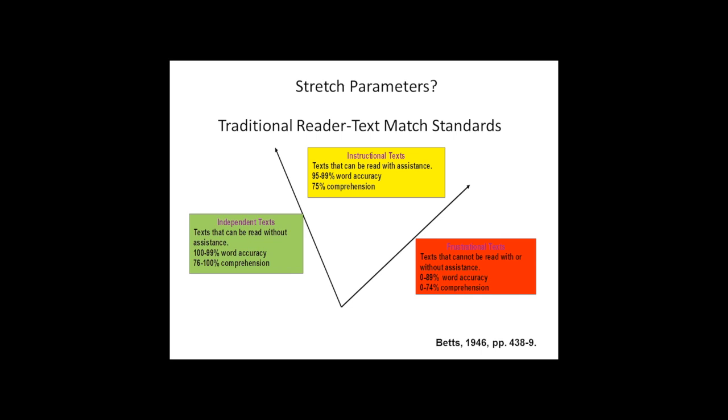I think what's really important about the traditional parameter is that that line between instructional text and frustrational text was not to be crossed. That was really a hard and fast line, kind of a brick wall, and kids under no circumstances were to be using frustrational text, despite the fact that the empirical basis for Betts' parameters was not real firm.